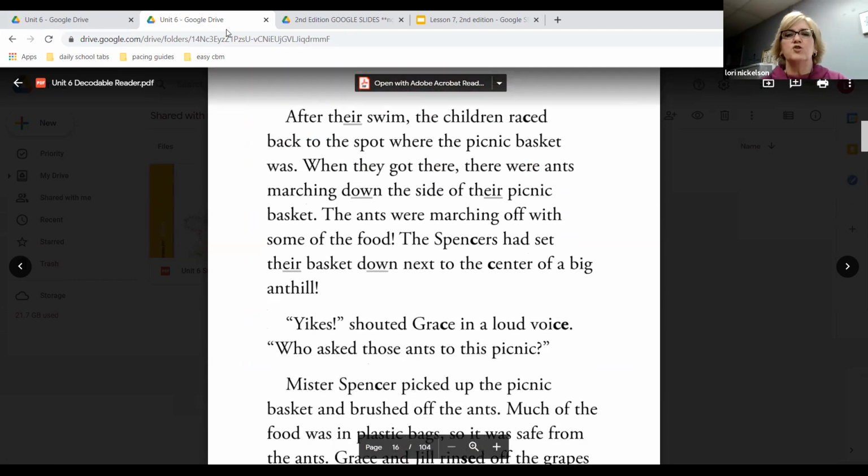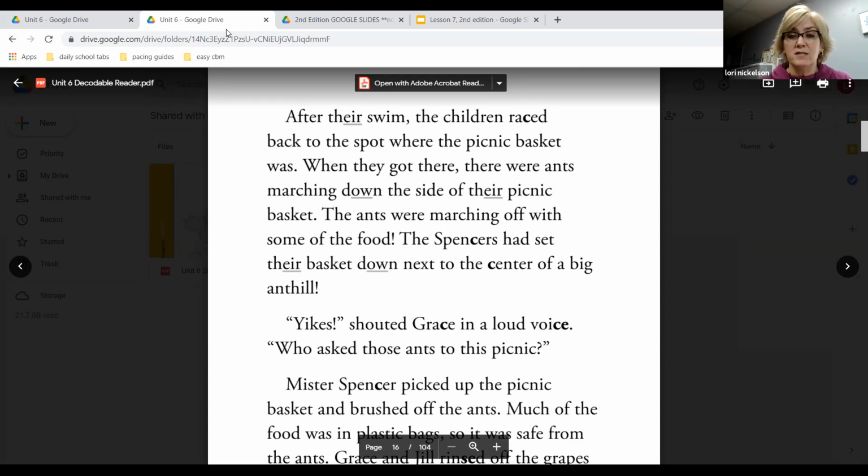After their swim, the children raced back to the spot where the picnic basket was. When they got there, there were ants marching down the side of their picnic basket. The ants were marching off with some of the food. The Spencers had set their basket down next to the center of a big anthill. "Yikes!" shouted Grace in a loud voice.